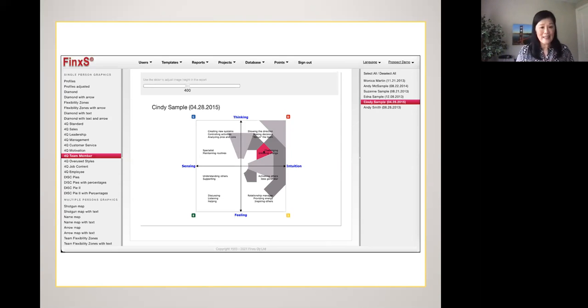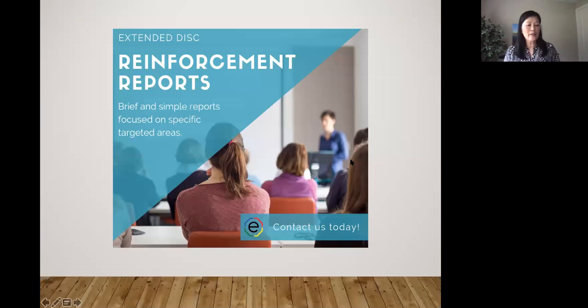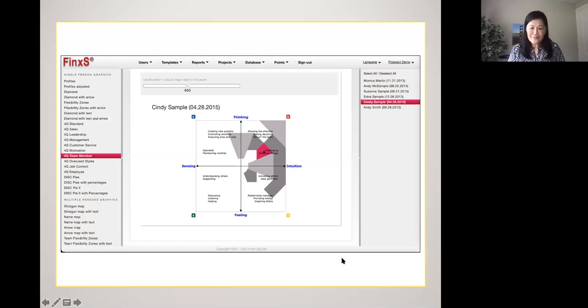So this person is a D, you can see by the dot in the D quadrant. But this one is focused on being a team member. So not only does it show you where they're plotted on the diamond, but it gives you the description of their team member flexibility zone. So that's one way to use the data.